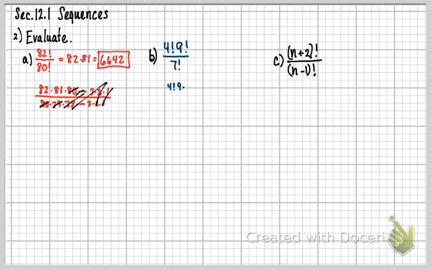And then I have 9, and it's still times there, times 8, times 7, dot, dot, dot, all the way down to 3 times 2 times 1. And then on the bottom I have 7 factorial. So that means 7 times 6 times 5 times 3 times 2 times 1.